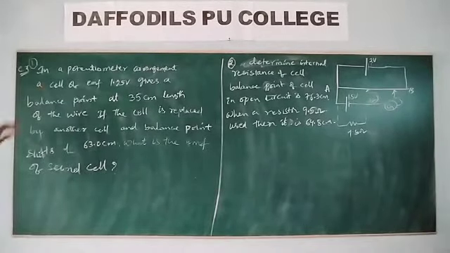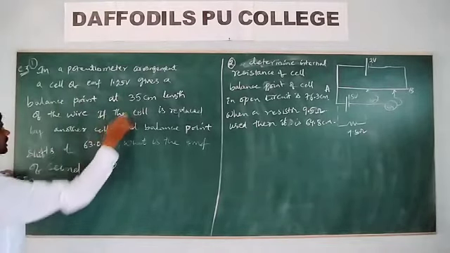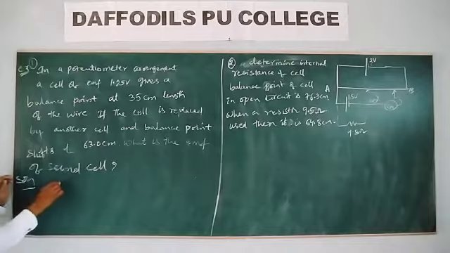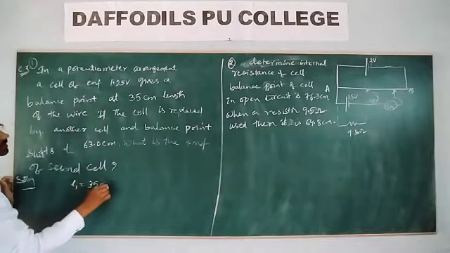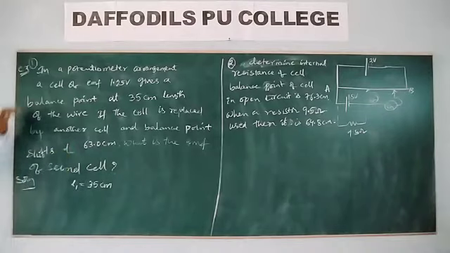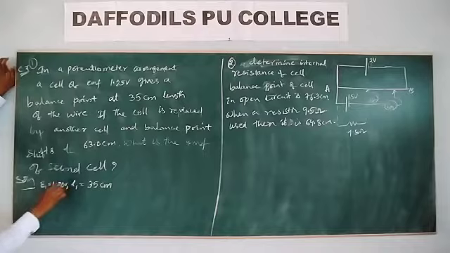Given here in a potentiometer arrangement, a cell of EMF 1.25 volt gives a balancing point at 35 centimeter length. So the balancing length L1 is equal to 35 centimeter, and the EMF of the cell is 1.25 volt.